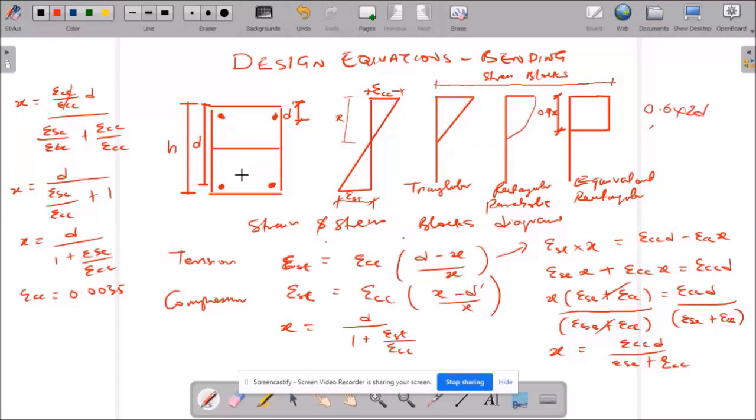Thus, to ensure yielding of the tension steel at the ultimate limit state, the depth of the neutral axis must not exceed a value of 0.4664 for high yield bars and 0.7460 for mild steel.